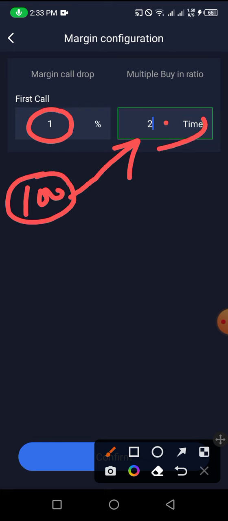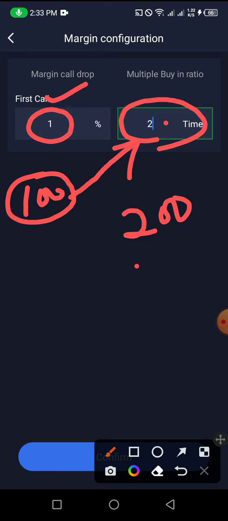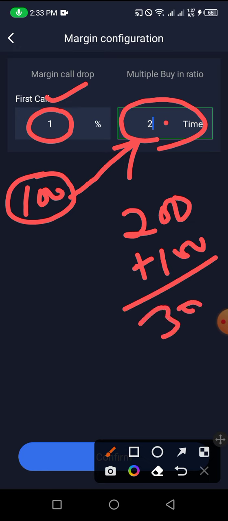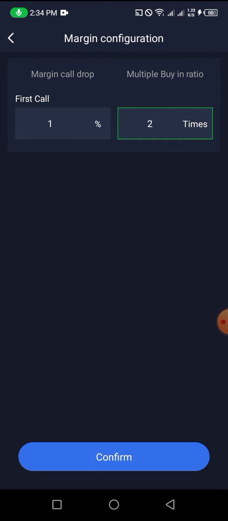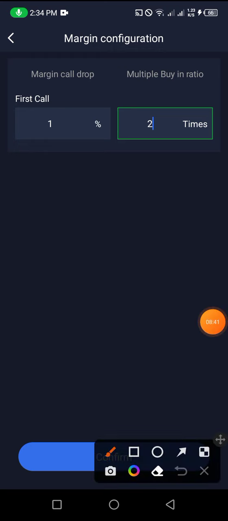So in total, in this first call, my robot is going to use a total of $200. Now, $200 plus the initial buy of $100 that the robot used when it was entering the market totals up to $300. So the total amount that is going to be used for this coin as I'm trading it will be $300.